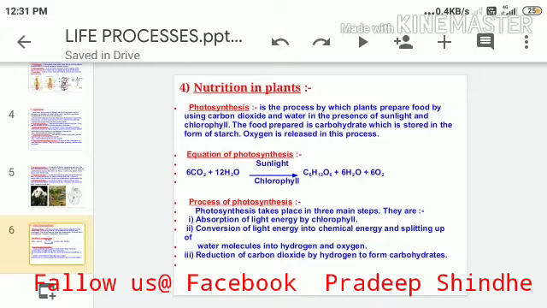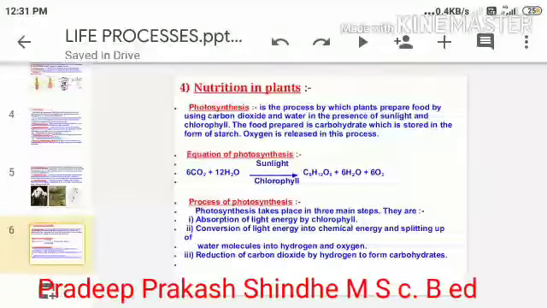The oxygen will come out into the atmosphere. But what about the hydrogen which is produced here? The hydrogen is also called a good reducing agent.